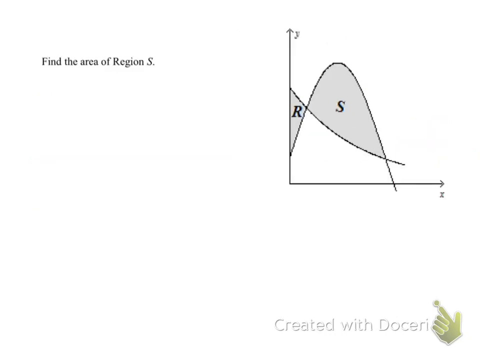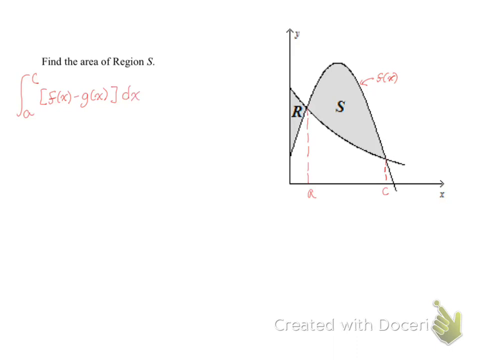Now it asks, find the area of region S. Well, S is between A and C. So our integral is going to go from A to C, and now we need to figure out which one is on top and which one is on bottom. Well, that's f of x, so it's going to be f of x minus g of x.